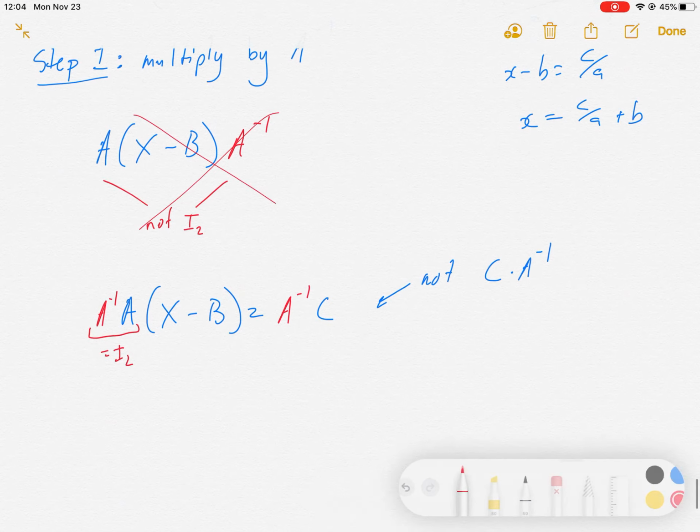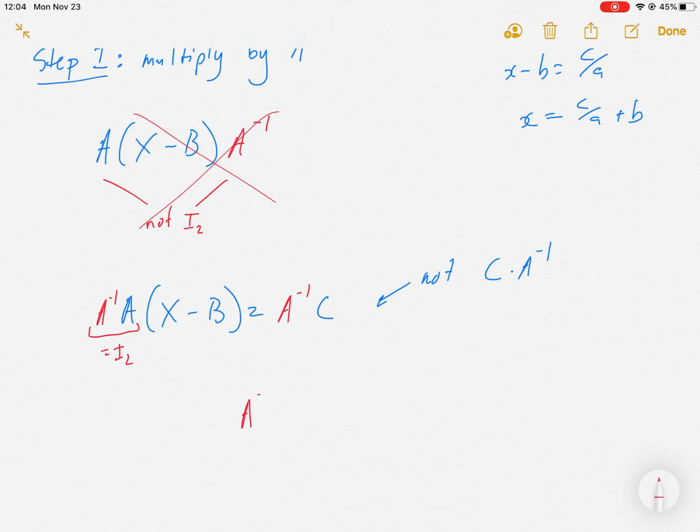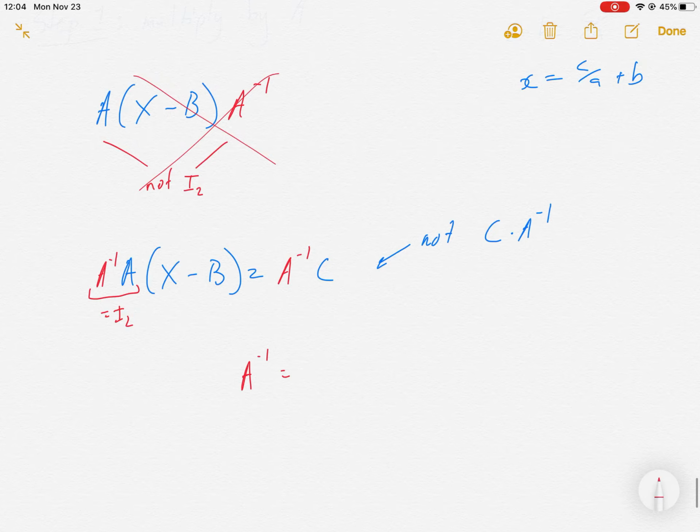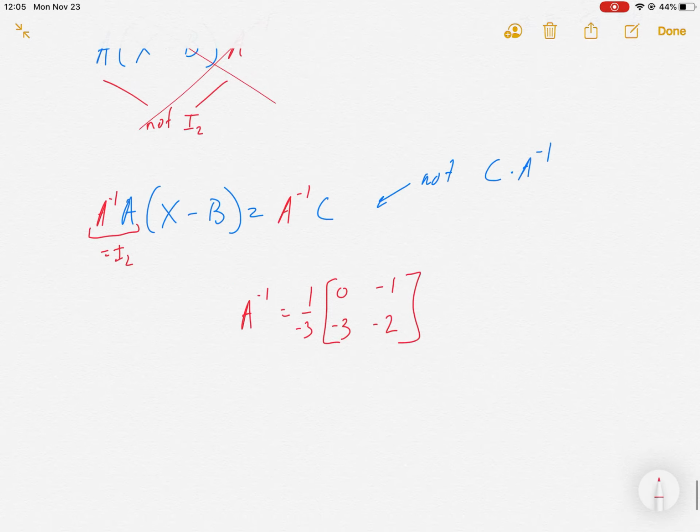Okay, now in order to do this, we need to find A inverse. So let's go ahead and do that. A inverse equals, I'm going to flip, well, let's see, 1 over AD minus BC is 1 over negative 3. I'm going to flip my 0 and my negative 2. And then I'm going to make this negative 1 and this negative 3. So there's A inverse.